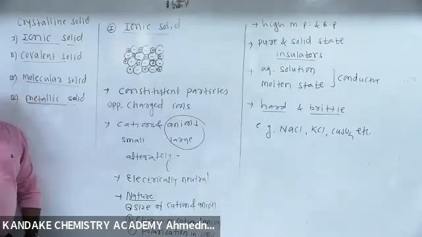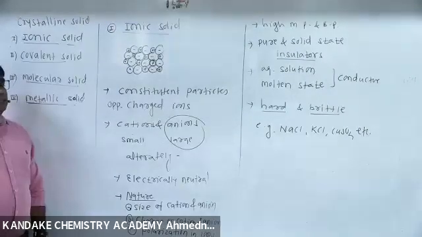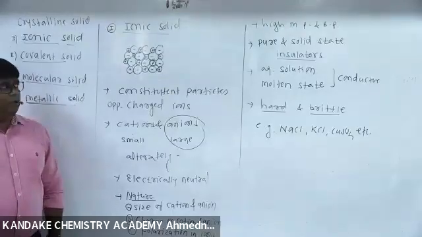The nature of ionic solid depends on 3 factors. 1, the size of cation and anion. Second, charge on cation and anion. And third is the polarization in ions. Then these ionic solids have high melting point and boiling point.